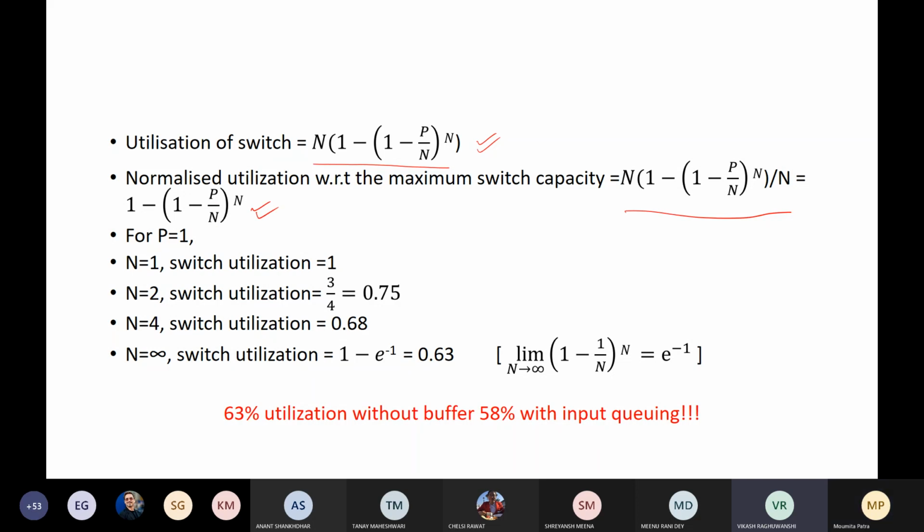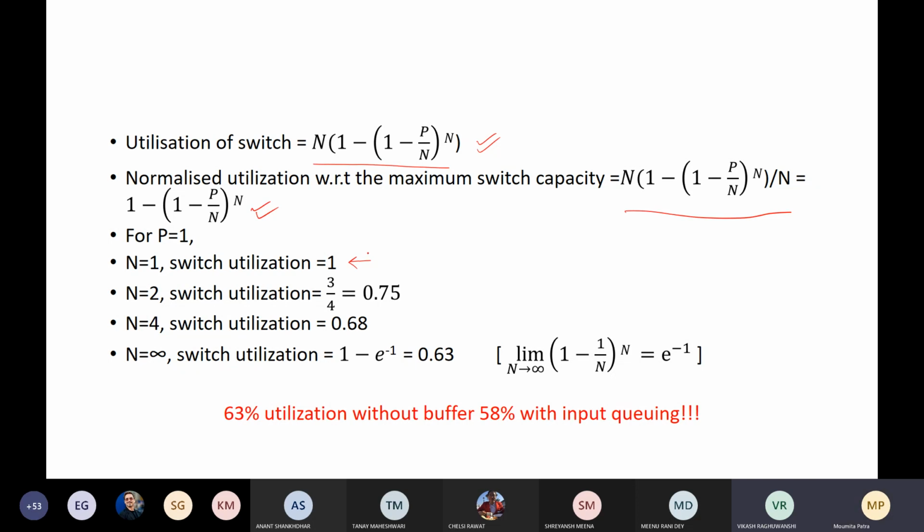Now, how do we find out the theoretical maximum value? If we consider P equals 1, which is the best we can think of for a probability, then for N equals 1, that is if you have only one port, your switch utilization becomes equal to 1, right?